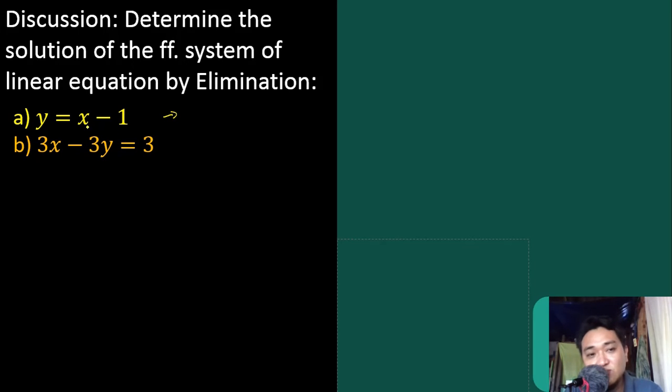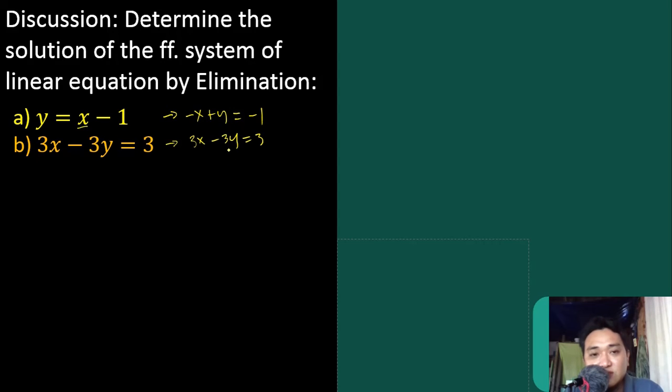So it would be better if we transpose here x, positive x, to the other side. If we do that, it becomes negative x plus y is equivalent to negative 1. Ayan. Ano nangyari? Wala lang, tinranspose lang natin si x sa kabila, naging negative x. Tapos copy y, tapos copy negative 1. Ayan po. And then, let us rewrite here 3x minus 3y is equivalent to 3.